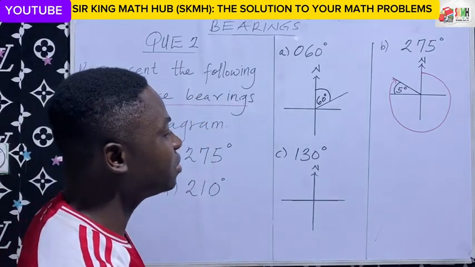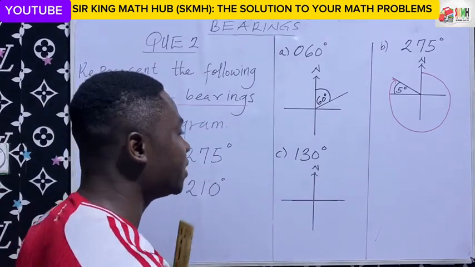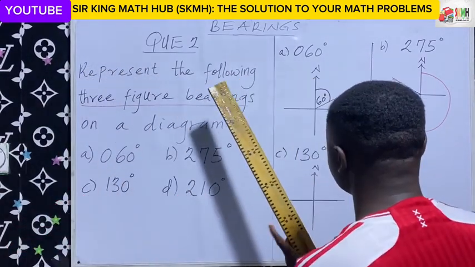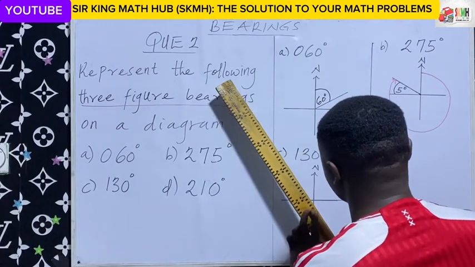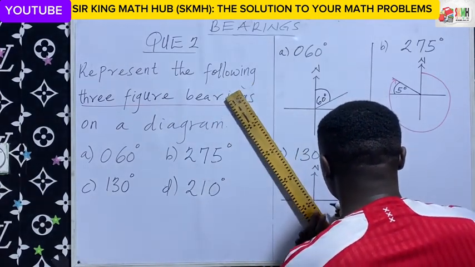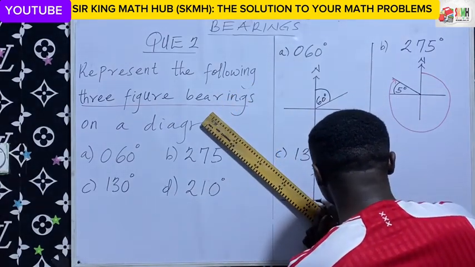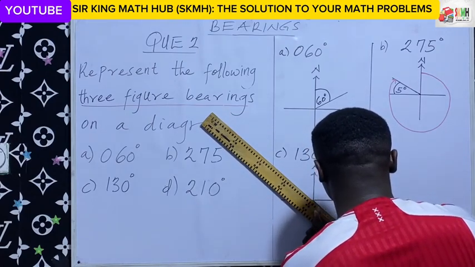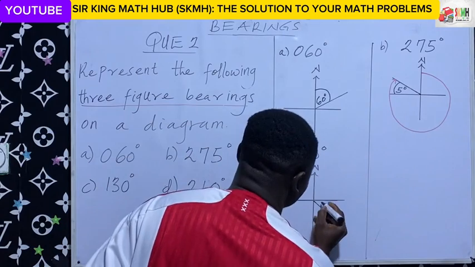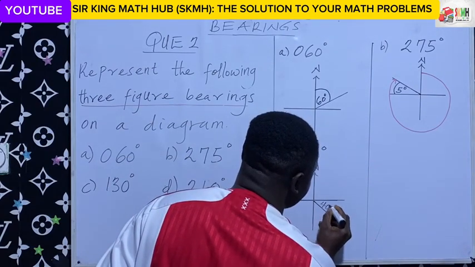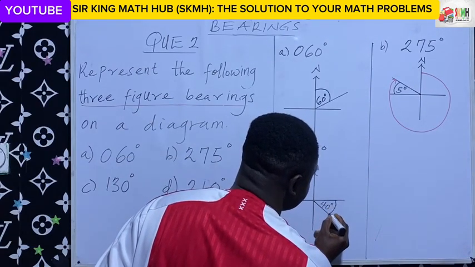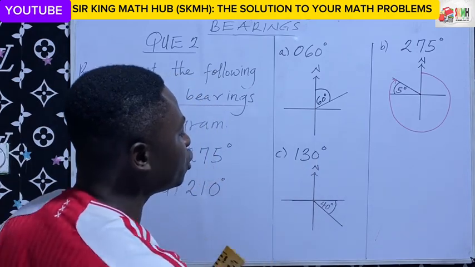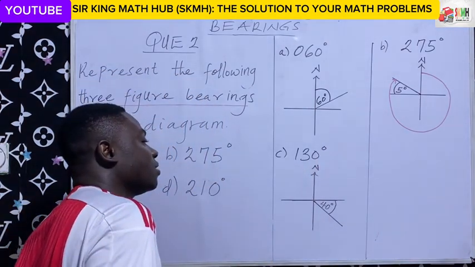So obviously that should be 40 degrees. So we have to measure 40 degrees. So how then do we read this particular bearing?